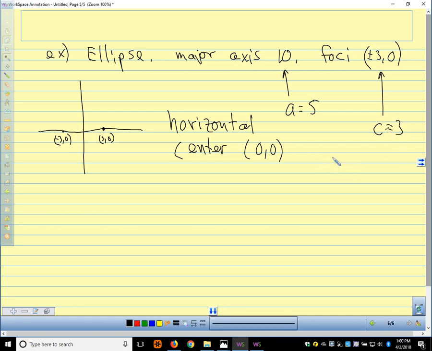And we know that a squared equals b squared plus c squared. So b squared, which is what we need for our equation, is 25 minus 9, a squared minus c squared. So b squared is 16. So our equation, x squared over, it's horizontal, so the bigger number has to go under the x part, 25 plus y squared over 16 equals 1.